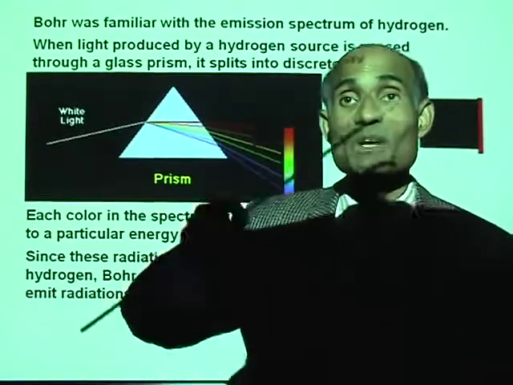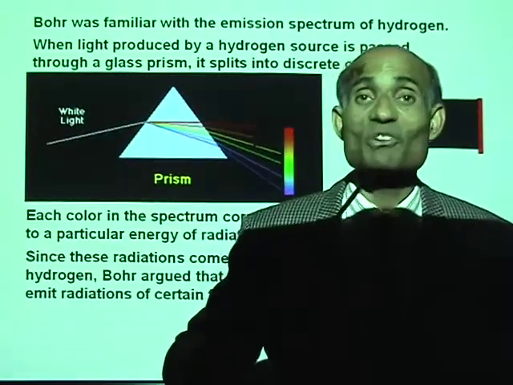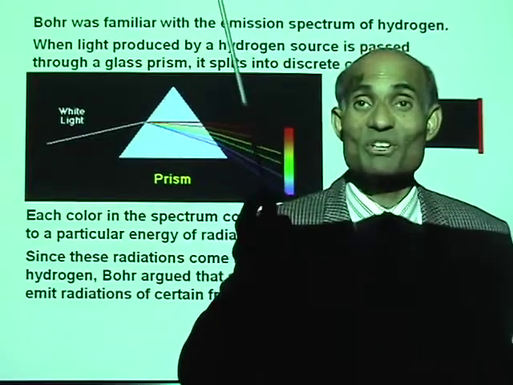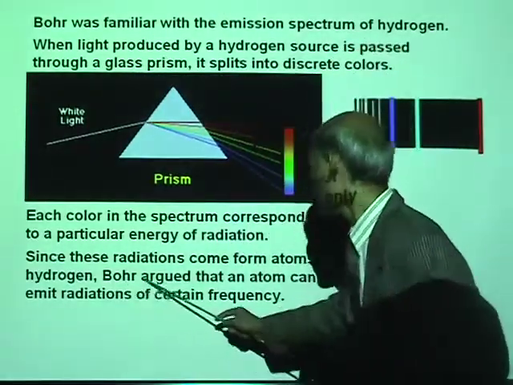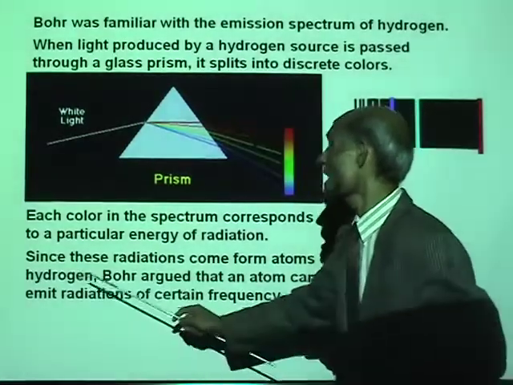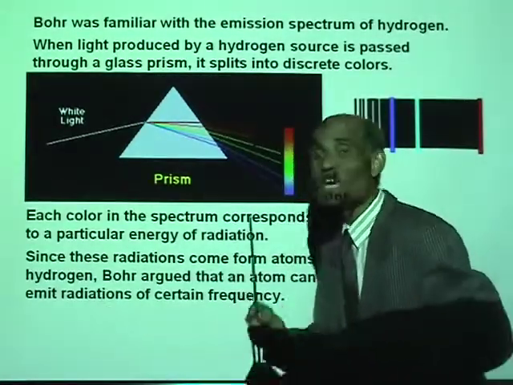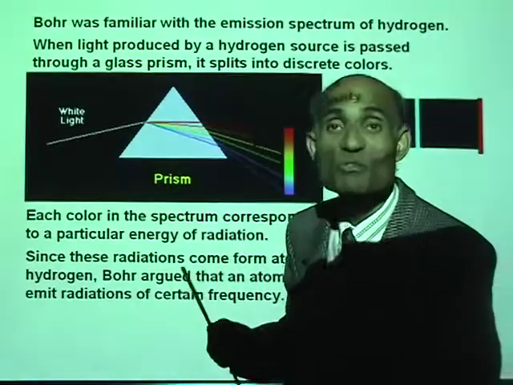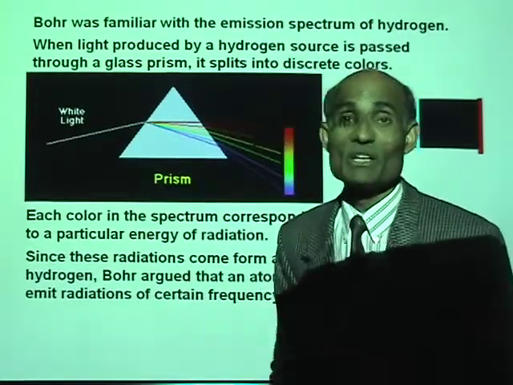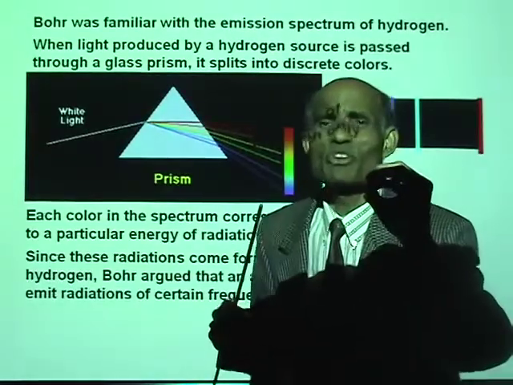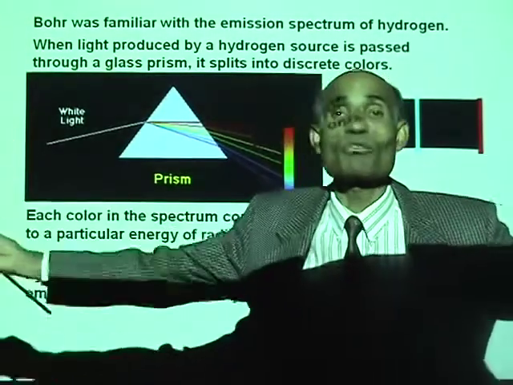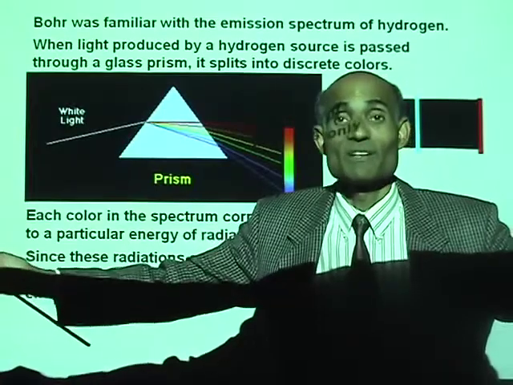Therefore, we must be able to modify the structure of the atom based on this. And that is what Niels Bohr did. So Bohr argued that the atom can only emit radiations of certain frequencies. You see, the hydrogen atom only emits certain frequencies. It doesn't emit all frequencies. Does it? No.